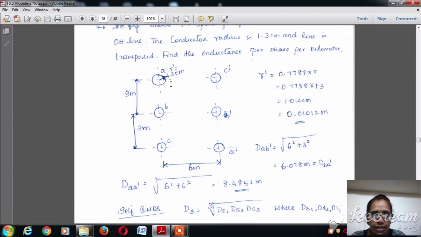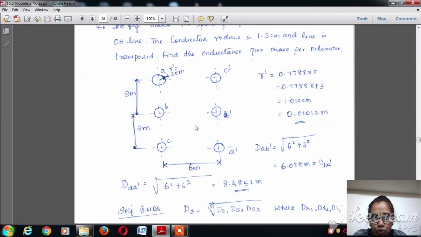Now what is DAB dash? Now we need to consider the effect of the other conductors, that is the flux linkages between the other conductors. So DAB dash is nothing but, see here, this is going to form a triangle. Now a triangle has 3 sides.